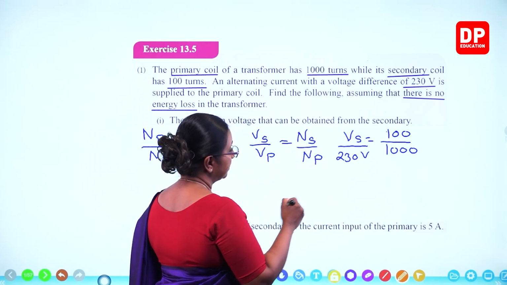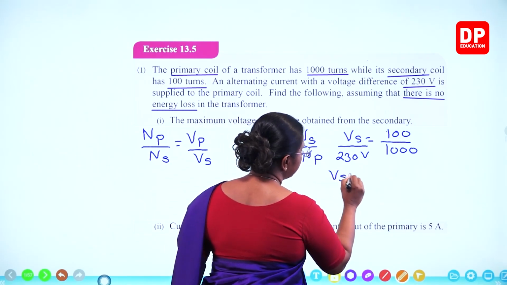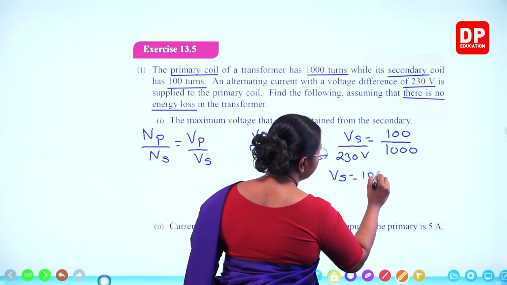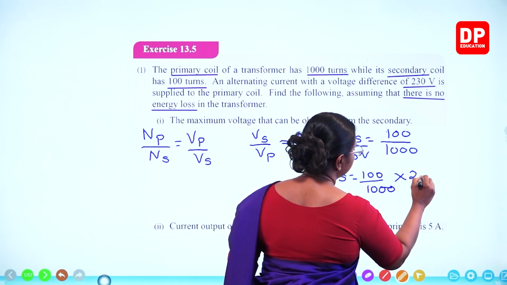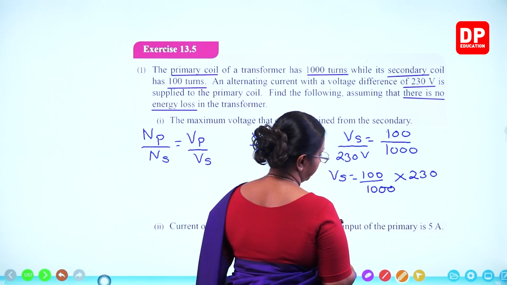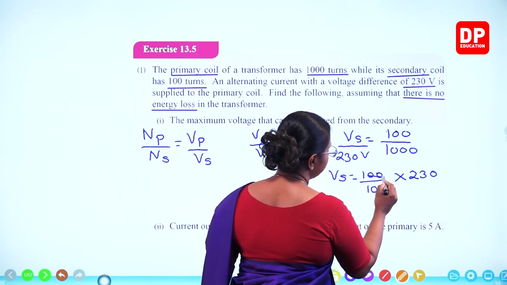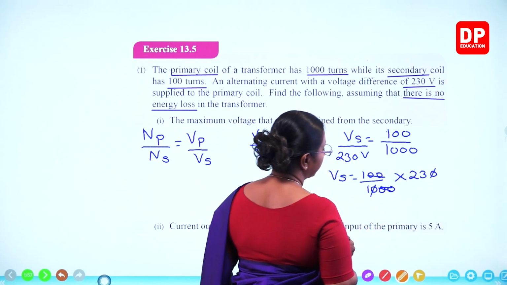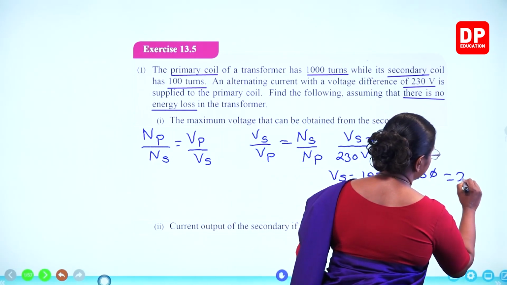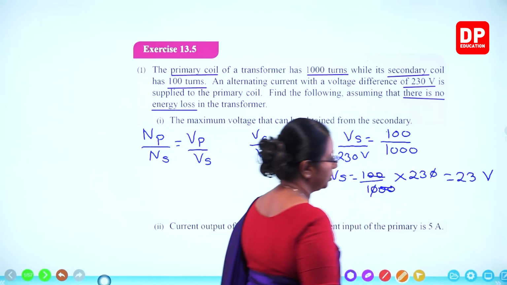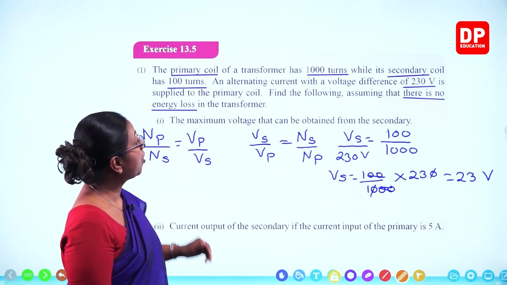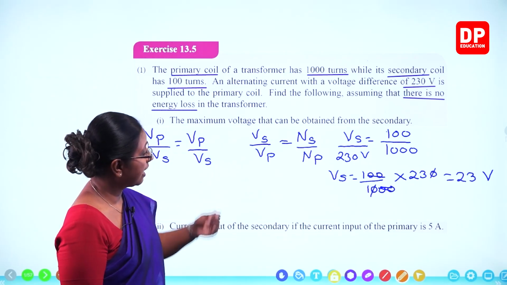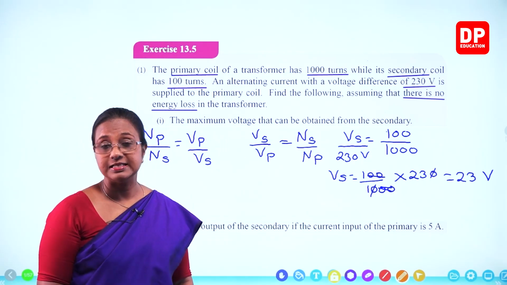So from this, if we rearrange, Vs is equal to 100 divided by 1000 into 230. Here we can simplify, and you can see the voltage is going to be 23 volts. That will be the maximum voltage that can be obtained from the secondary.